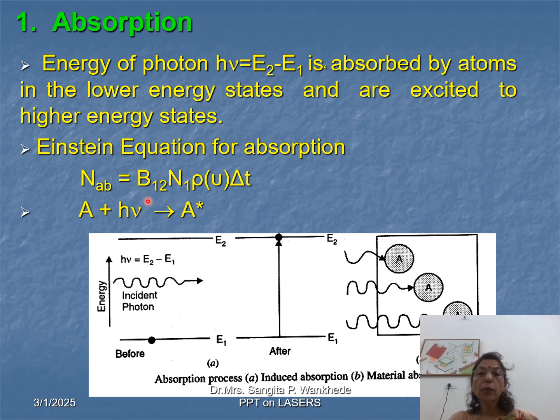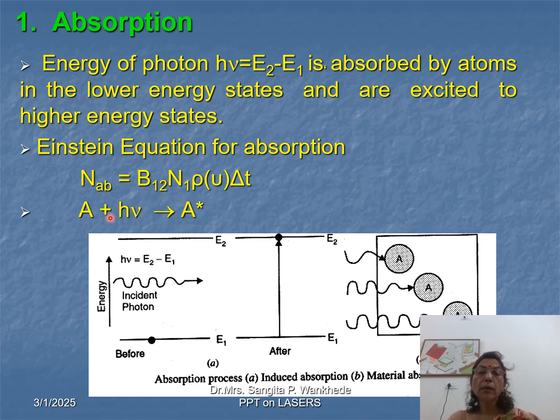The number of absorption transitions is given by B12, the Einstein coefficient. These quantum transitions are the main principle of working of laser. It was given by Einstein.